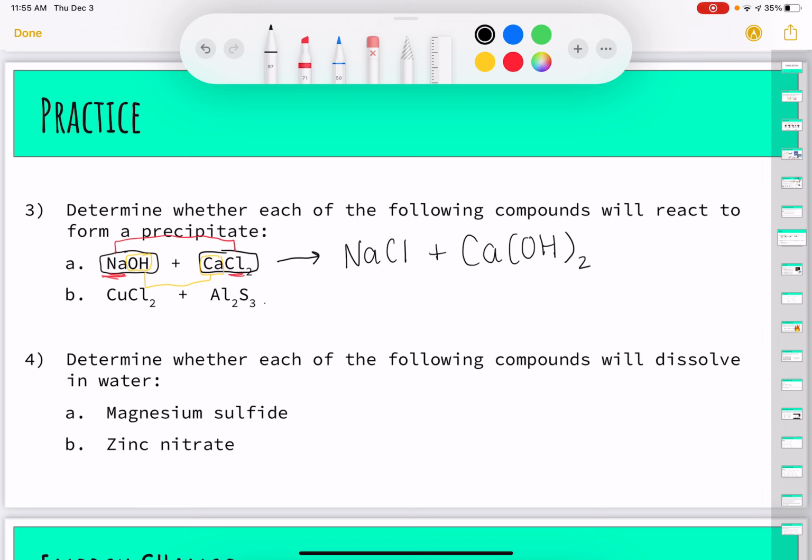Let's do this one as well, and then we can look them up. So Cu is going to join with S. So Cu in this case has to be +2, and this is -2, so it's balanced. And then Al is aluminum.